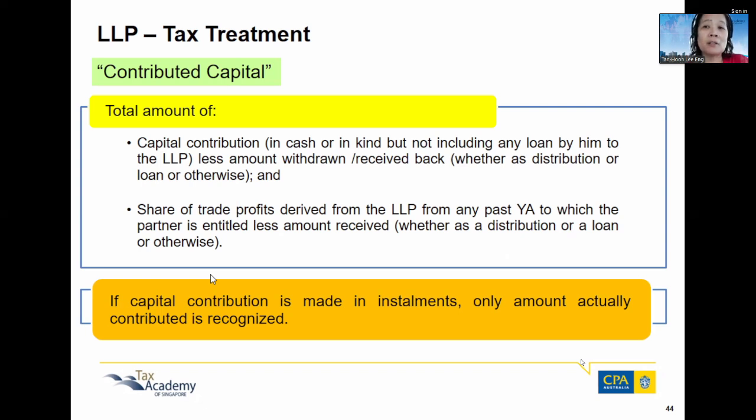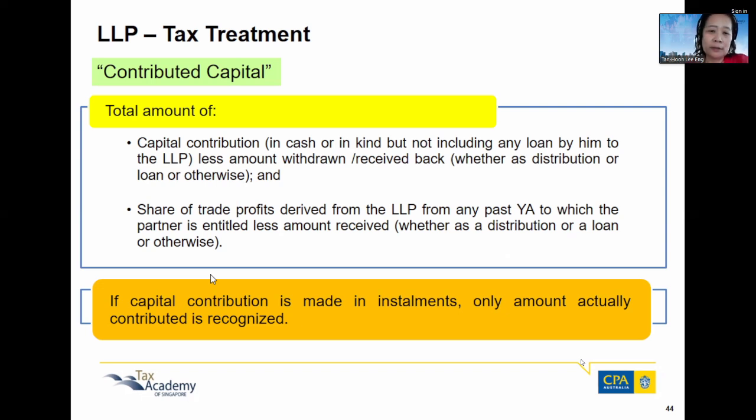It's not incremental, not 50,000 plus 20,000. It's not 20,000, but 70,000. It makes a lot of difference if you put in the wrong contributed capital, because the restriction will be done according to the contributed capital that taxpayers inform us.